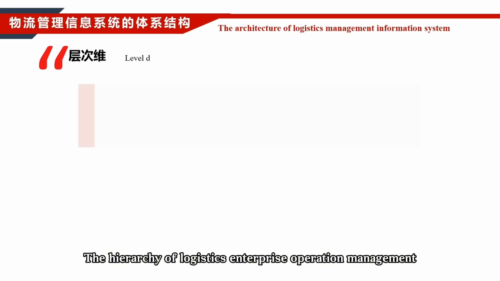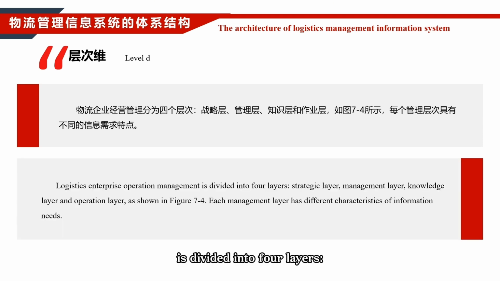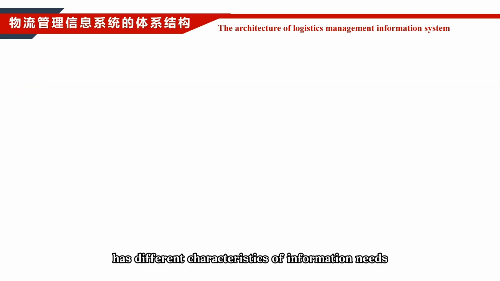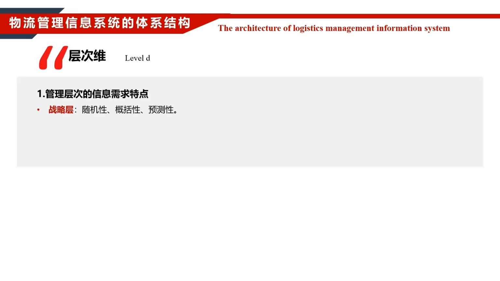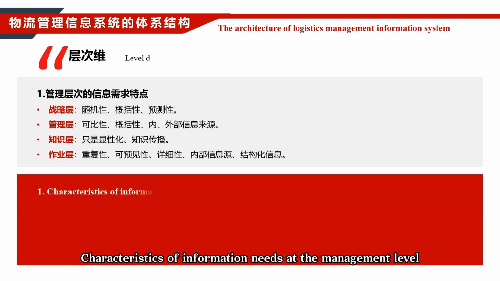The hierarchy of logistics enterprise operation management is divided into 4 layers: strategic layer, management layer, knowledge layer, and operation layer, as shown in Figure 7-4. Each management level has different characteristics of information needs. 1. Characteristics of information needs at the management level.